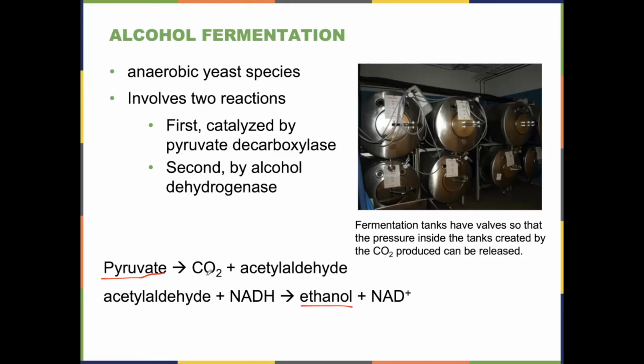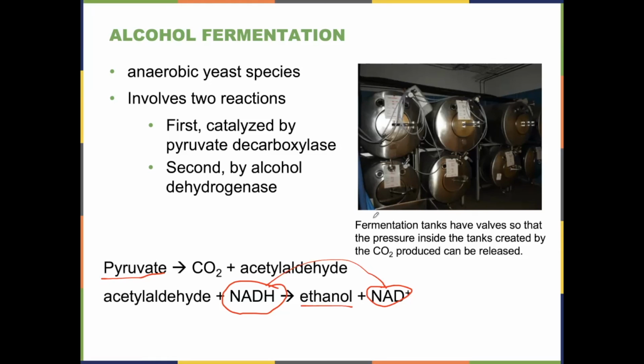Now, one thing that occurs in alcoholic fermentation is the production of carbon dioxide, CO2 here. But again, remember, the whole purpose of this reaction is to take our filled electron carrier molecule, NADH, and convert it back into the oxidized form, NAD+, so that we can keep glycolysis going and make that little bit of ATP.